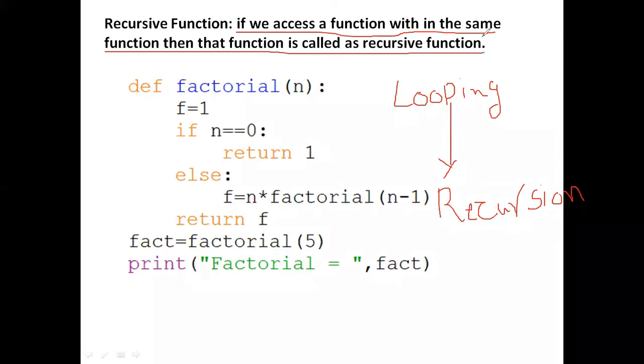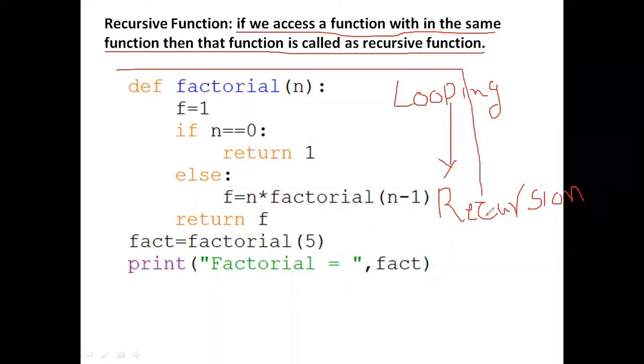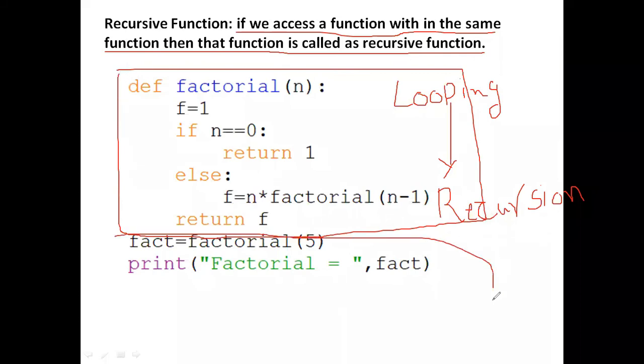Normally we call a function from the main function. For example, this is the definition of the factorial function and this is the main function. But a recursive function is one that calls itself.